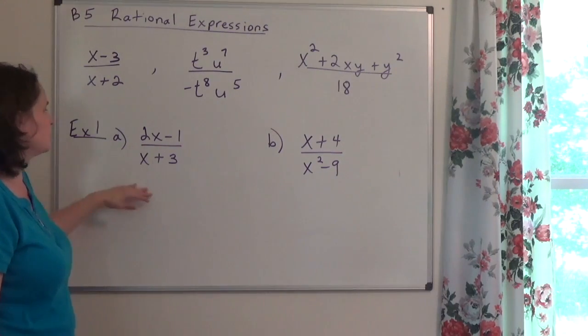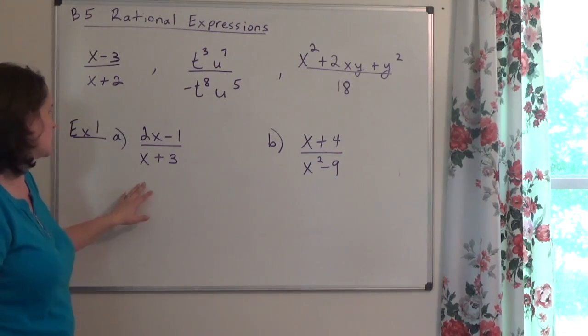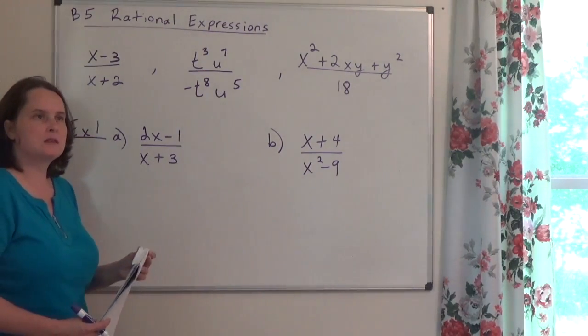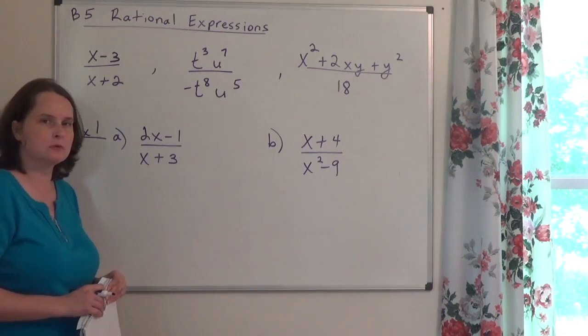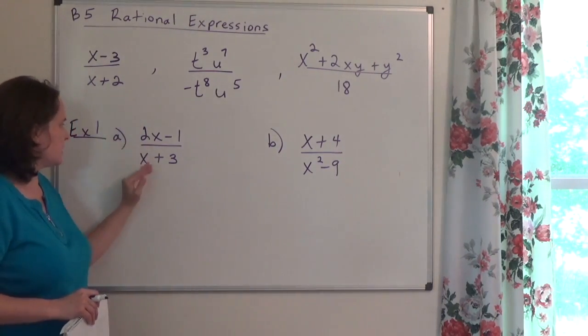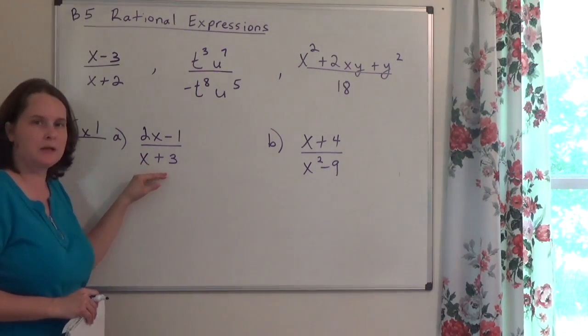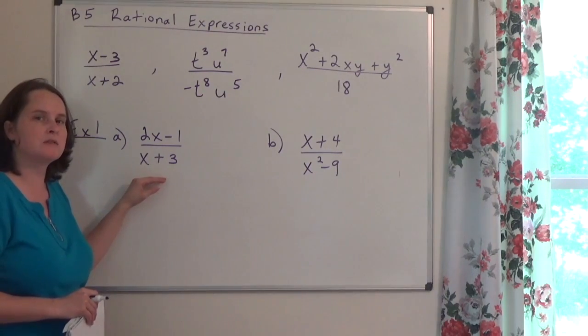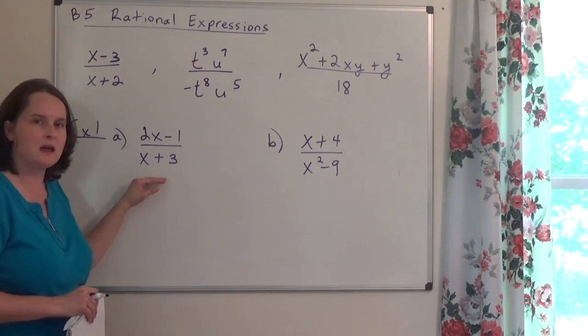Let's look at example 1 part A. We want to find the domain here. Alright, so we have to be careful that we're thinking about possible restrictions on our x. In this example, there is a restriction on our denominator. It is possible to put a number in for x that will give us what we would consider an undefined answer.